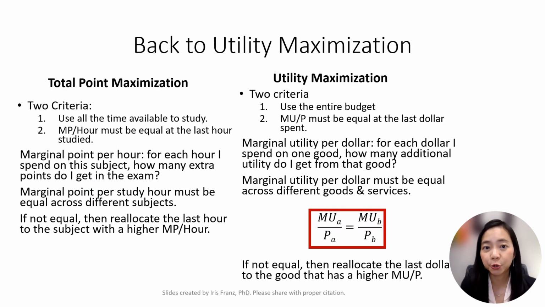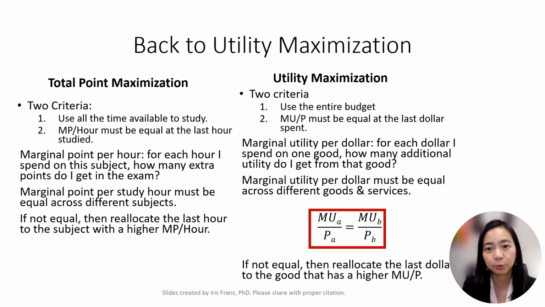Let us compare total point maximization and utility maximization. In our final example, to maximize our total points, we satisfy two criteria. First, we use all the time available to study. And second, we make sure that marginal point per study hour is equal across different subjects at the last study hour.